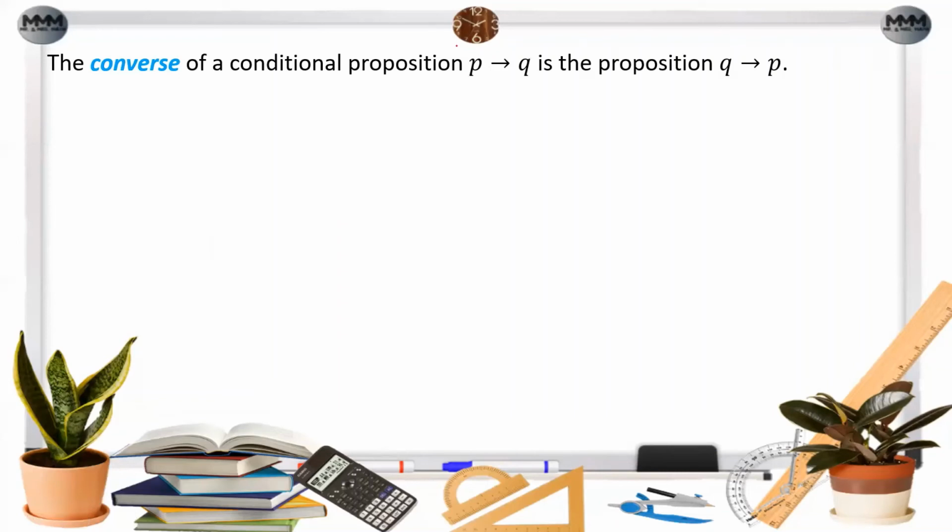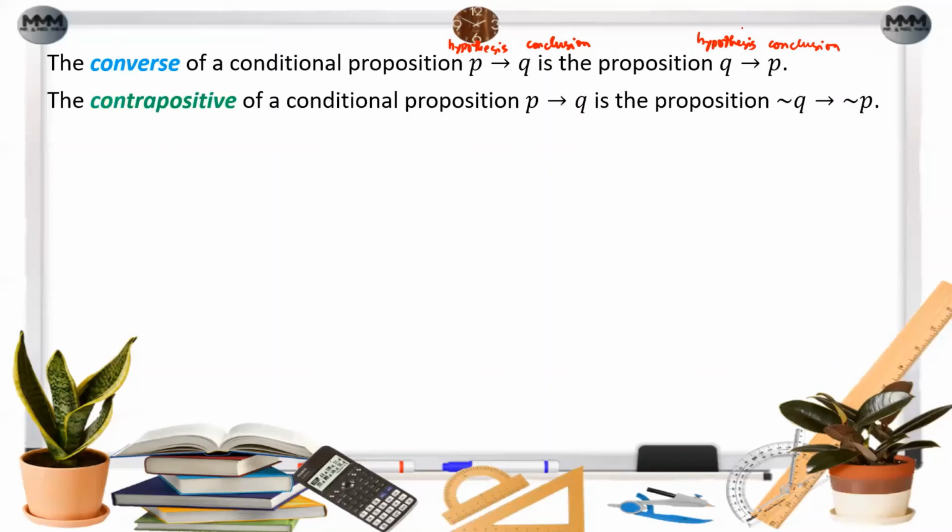Again, I will write here, this is the hypothesis, and Q is our conclusion. Now, if we are going to get the converse of this, the hypothesis here becomes the conclusion in the converse, and the conclusion here becomes the hypothesis of our converse.